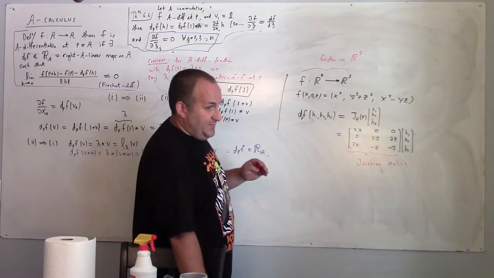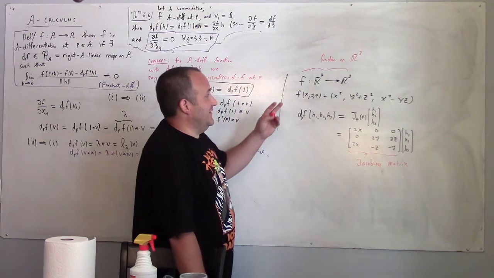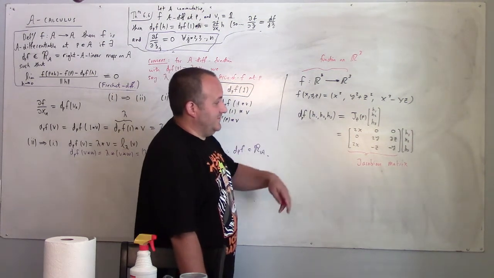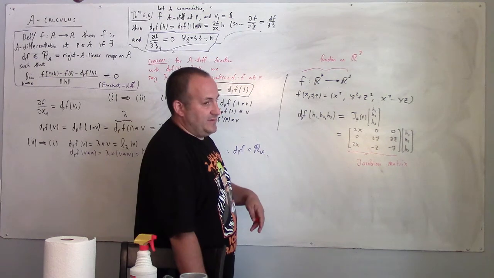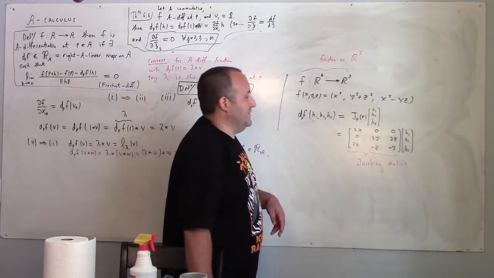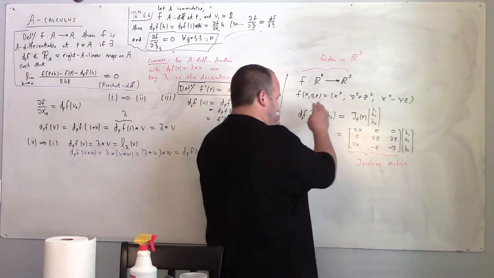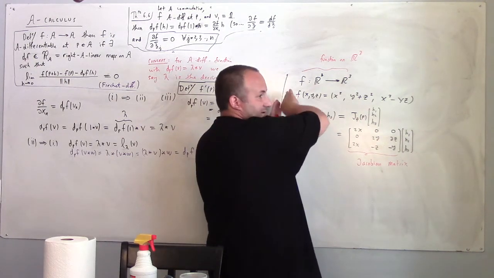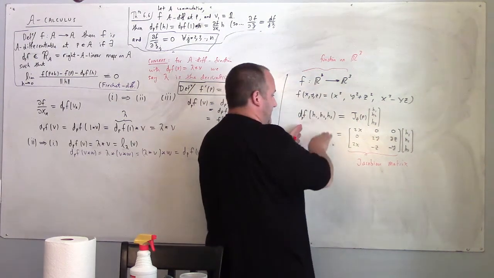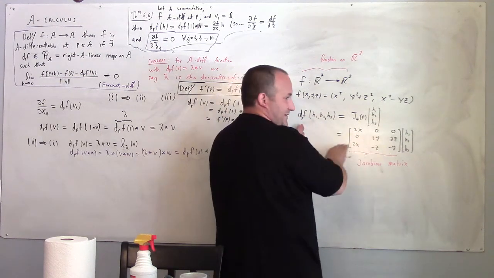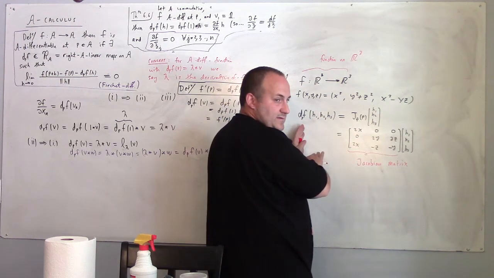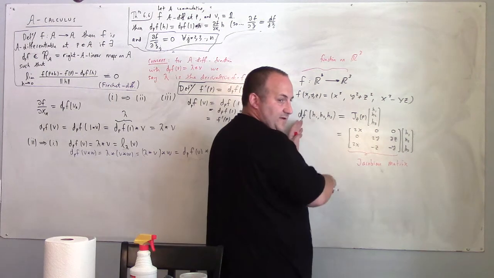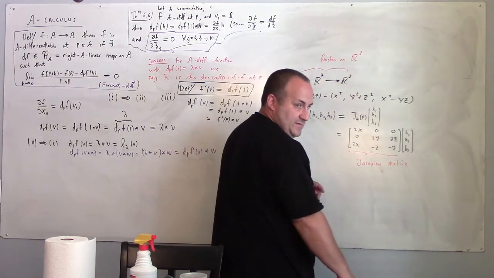At a point, the function gives you a vector. At a point, the derivative gives you a matrix. If we don't freeze the point, the function sends vector to vector, while the derivative would send vector to matrix. So you trade a vector valued function for a matrix valued function.